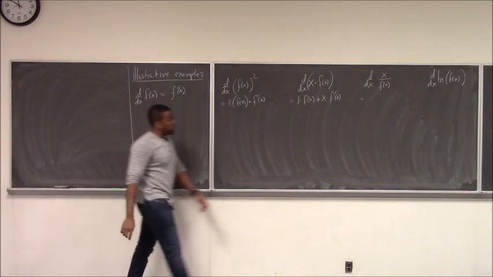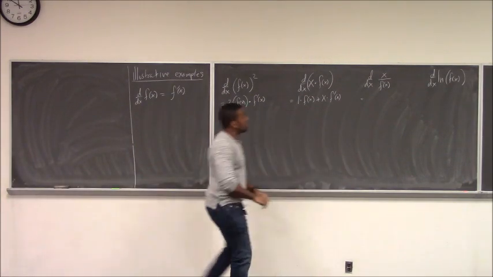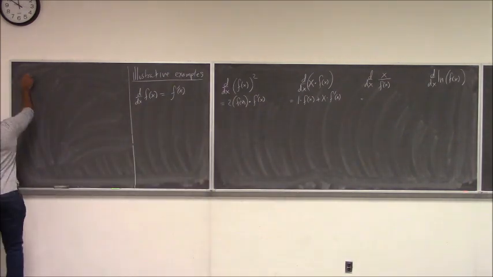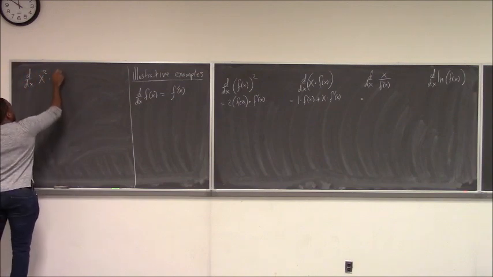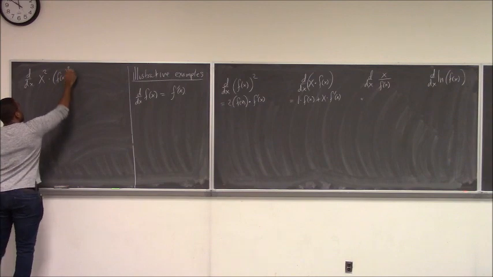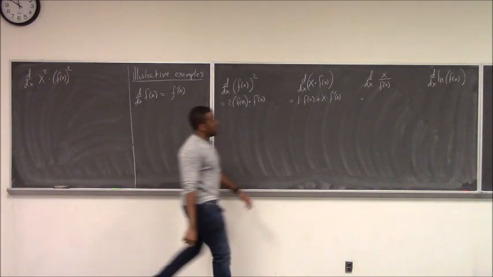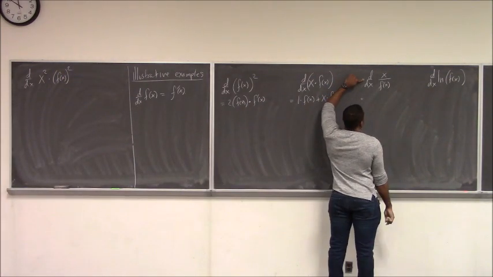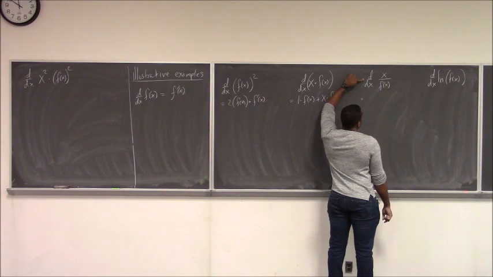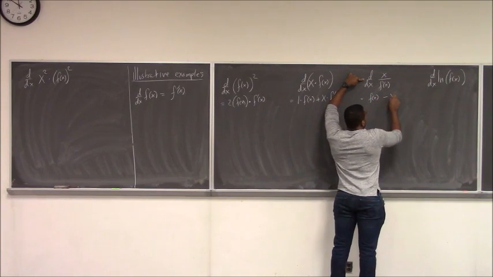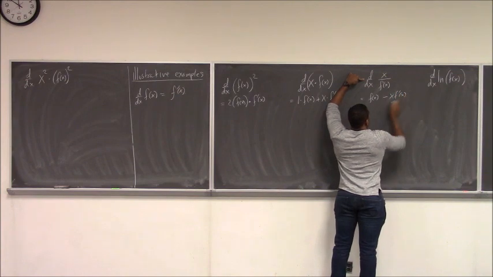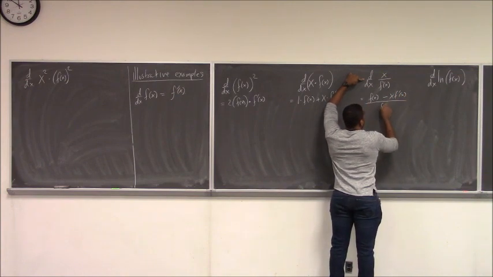I'll throw in one more example. How would you do that? Quotient rule. What would this become? f of x minus x times f prime of x, over f of x squared.